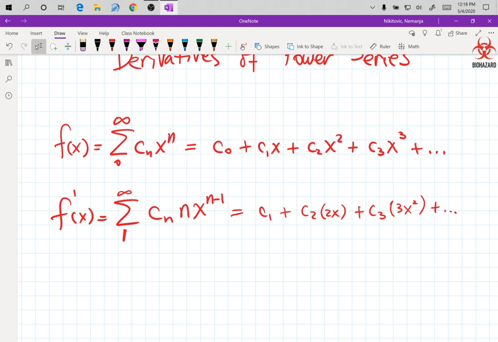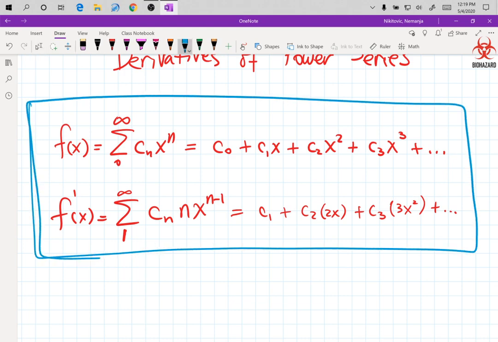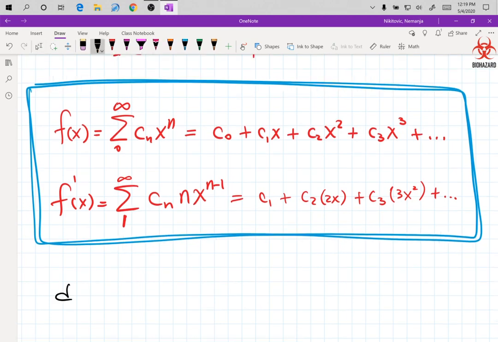Now let's take a derivative of sine and get cosine. I mean, with power series, you can't get anything else. So I'm going to box this. And let's just practice it on a basic example where I want to take the derivative of sine x and get cosine x.